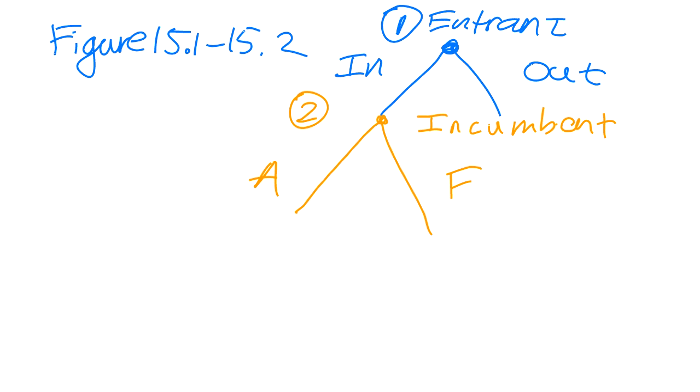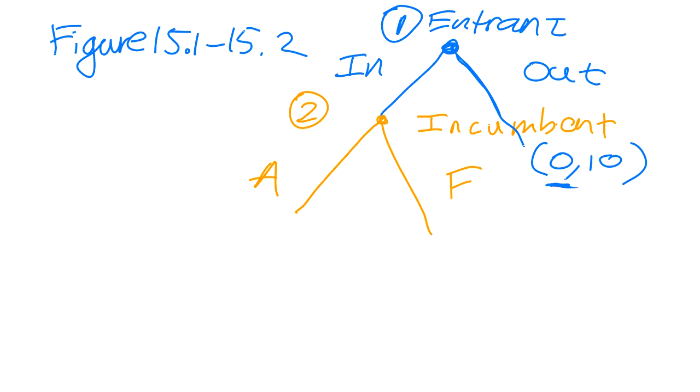The first number at the end of the branch corresponds to player one. I don't know if that was totally clear or not. In this case, I'm just going to extend my branch a little bit. The payoff is 0 and 10. That means if the entrant decides not to enter the industry, they're going to get 0, because that's the first number in the payoff parentheses.